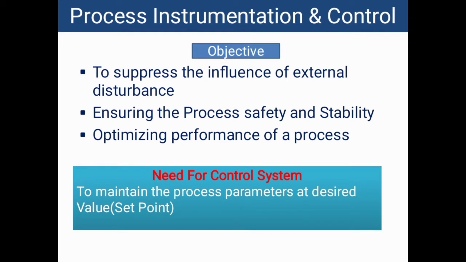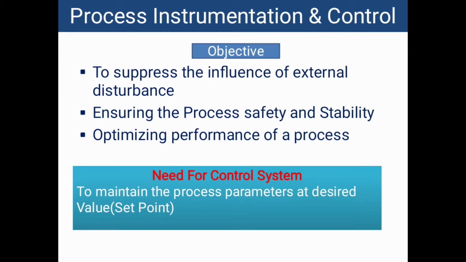Then you can install an instrument to control the flow, to measure the flow, to measure the temperature, to measure the pressure. So these instruments are located in the field. These readings are directly conveyed to the control room. By simply sitting inside the control room, you can monitor and control, operate everything, and you can achieve the target.